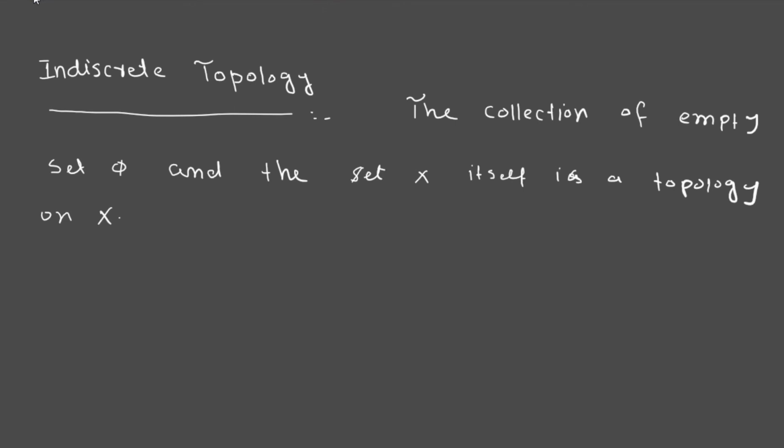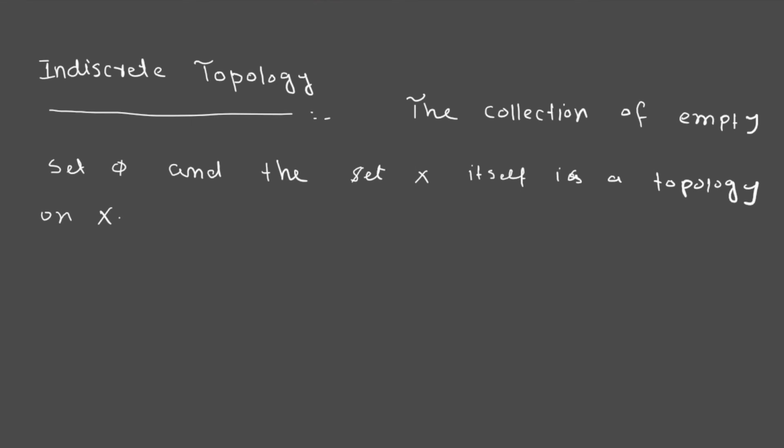Okay, so in this collection, in indiscrete topology, our collection is only phi and X. So the topology on phi and X is called the indiscrete topology.